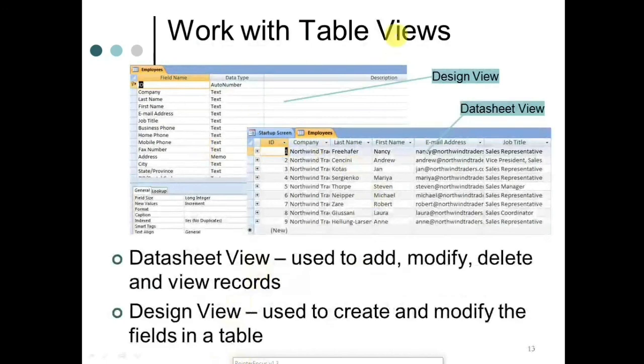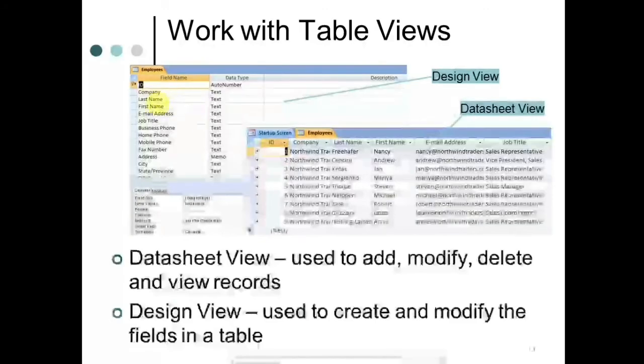Now, work with table views. This is the screen we have created under the Bharati Academy database. This is the design view. I have created my table field names and their corresponding data types. So datasheet view and design view I have explained.